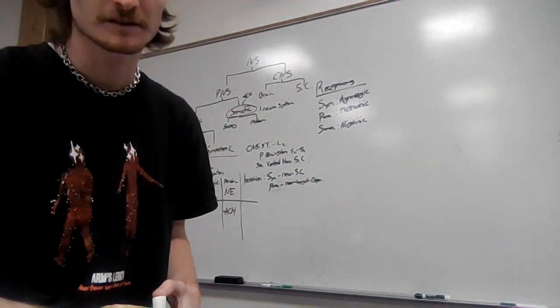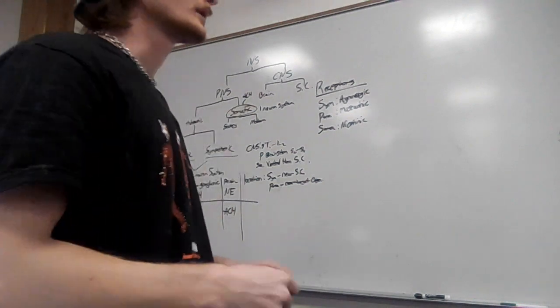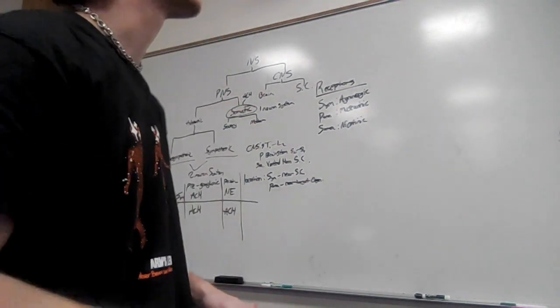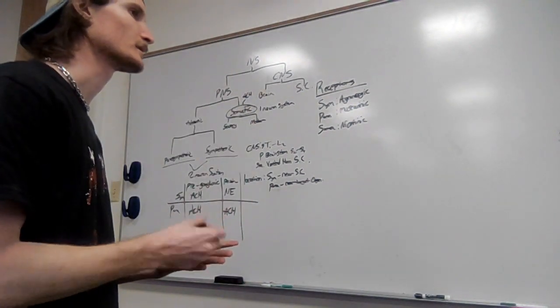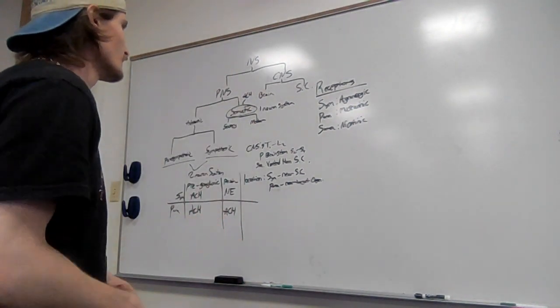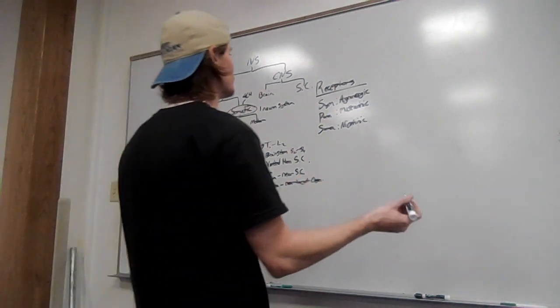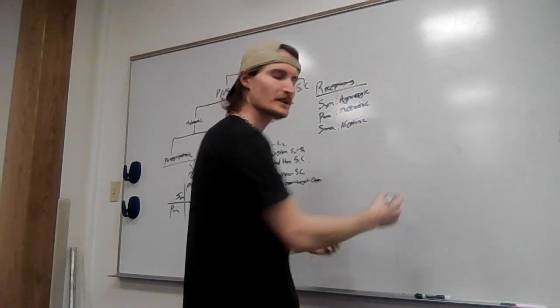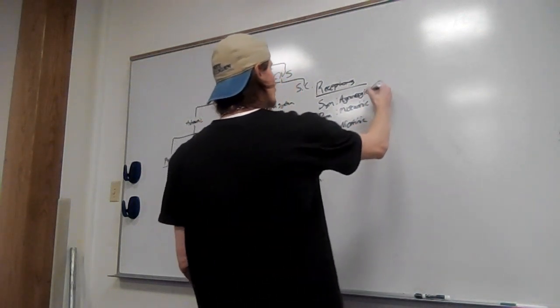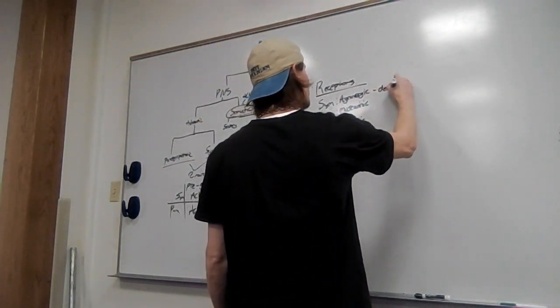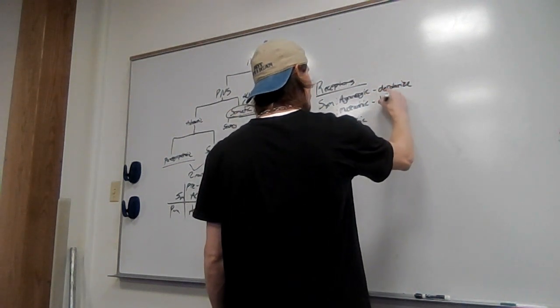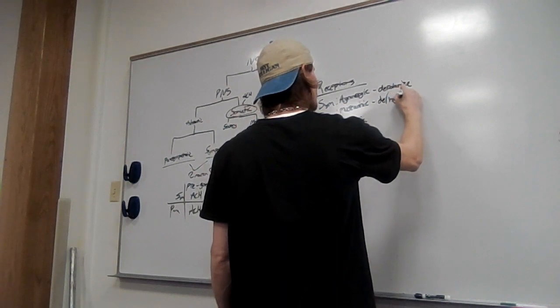So is that the actions of the receptors? Okay, actions. For adrenergic, it's going to want to depolarize the post-ganglionic neuron. For muscarinic, it's either going to depolarize or hyperpolarize.